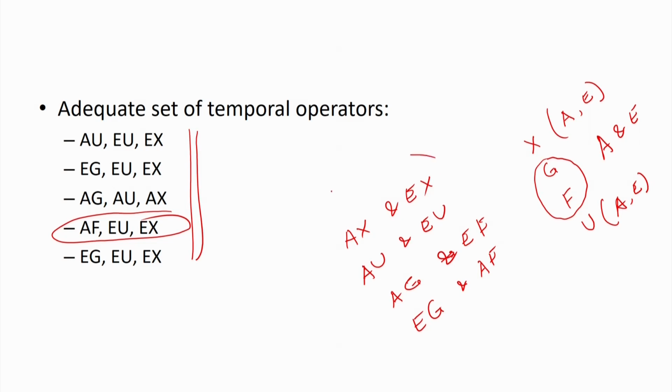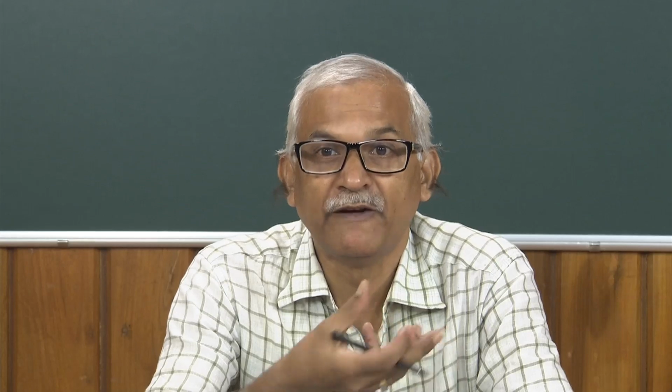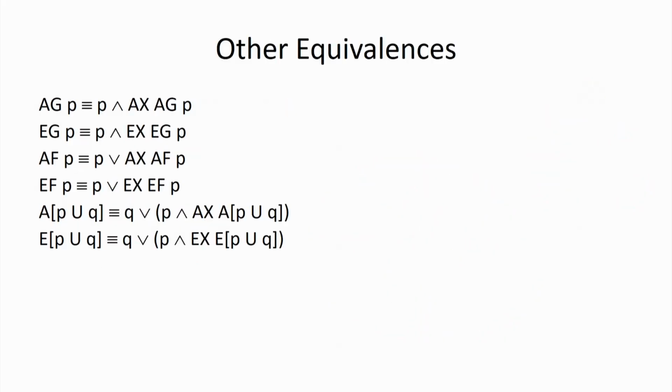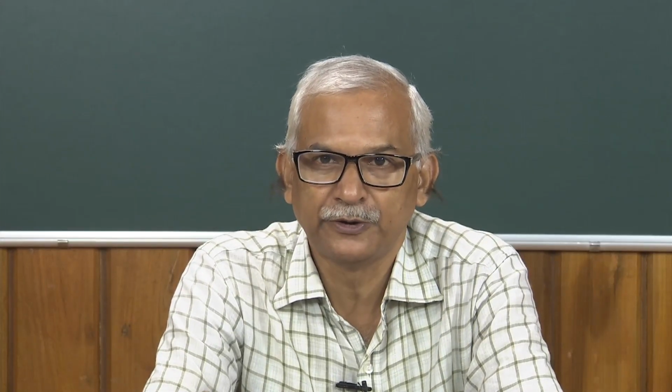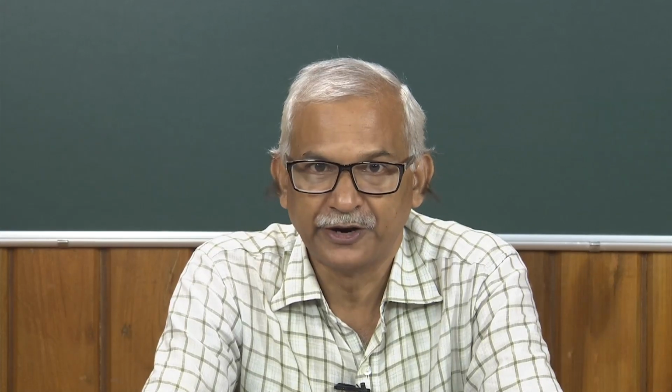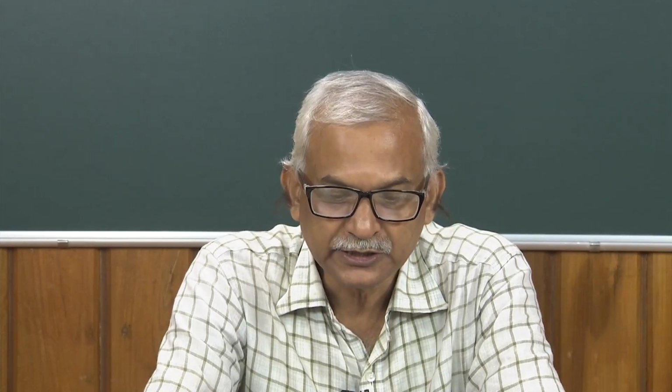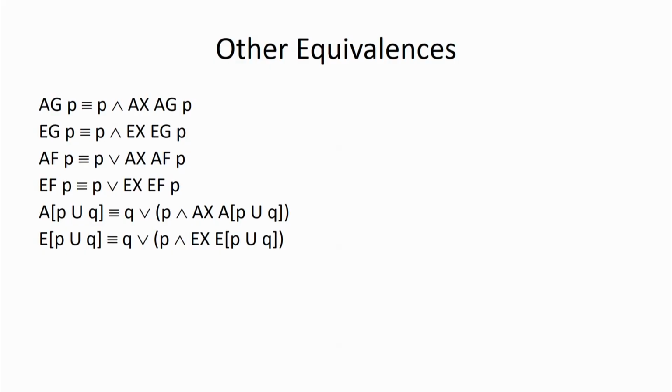So, with the help of these things, we are going to find some other equivalences between these operators, and with these we can now find equivalent CTL formulas. The notion of equivalence can be seen from the meaning of those particular CTL operators. Okay. So, these are some other equivalences that we have.